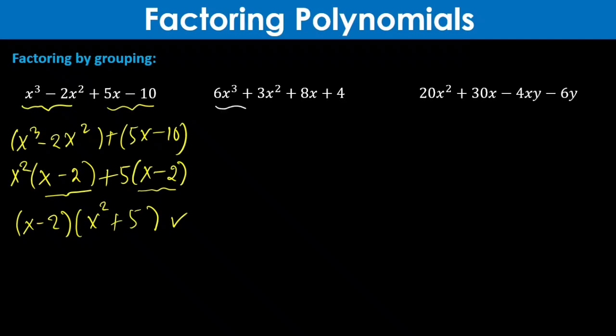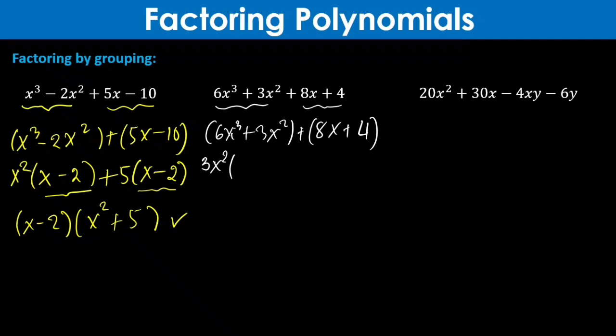Okay, again, we group this and group that. So we'll have 6x cubed plus 3x squared plus 8x plus 4. Okay, now the common here is 3 for the number coefficient, and x squared is the smallest exponent, so we have 3x squared.